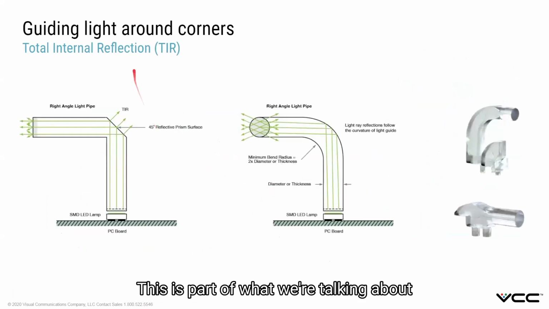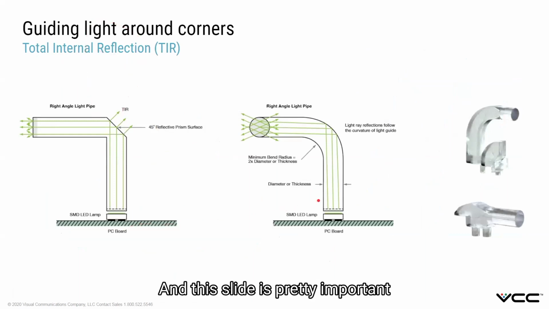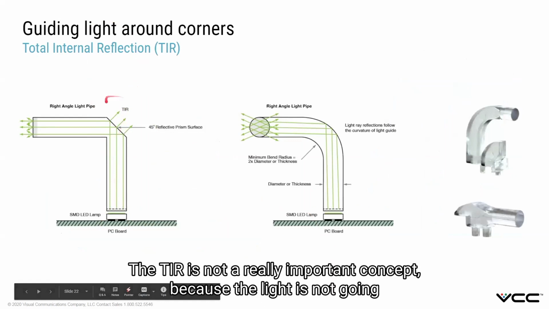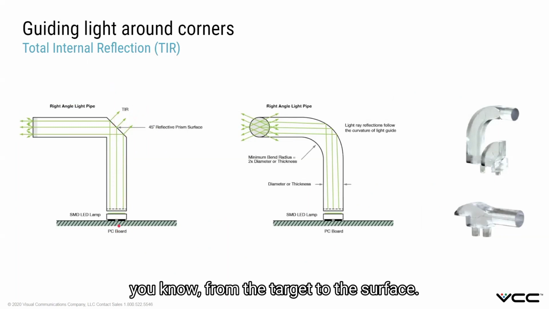This is part of what we're talking about on the total internal reflection, and this slide is pretty important. When we are discussing straight light pipes, the TIR is not really an important concept, because the light is not going to bounce in any other angle or direction, except straight, from the target to the surface.